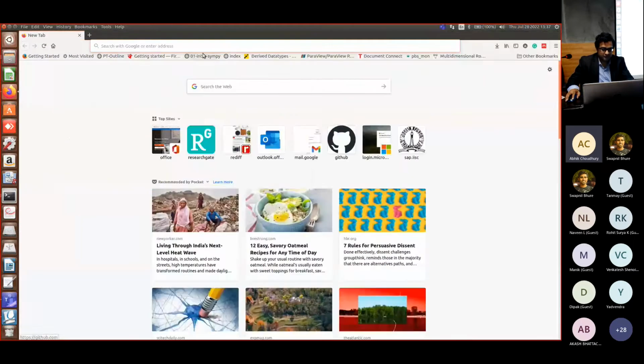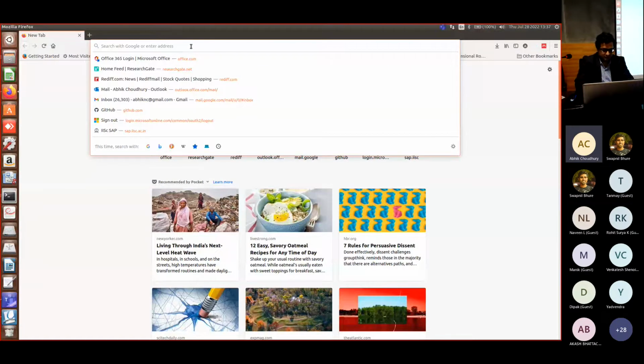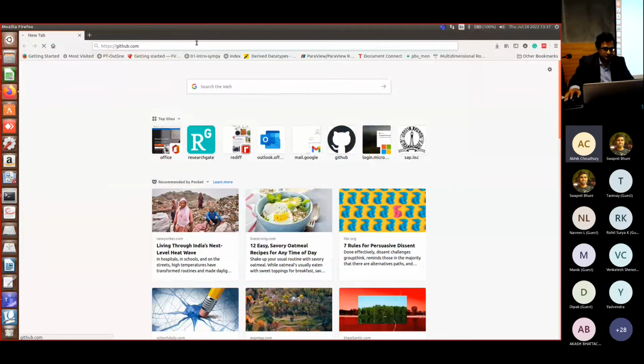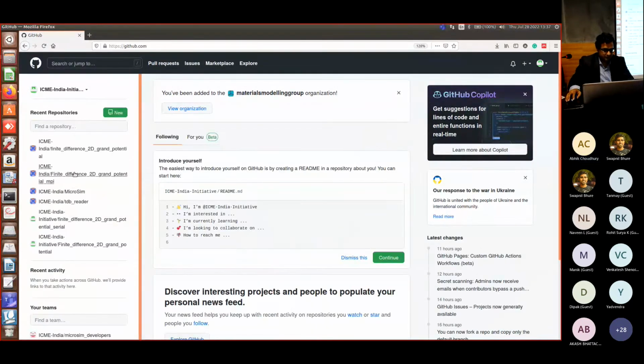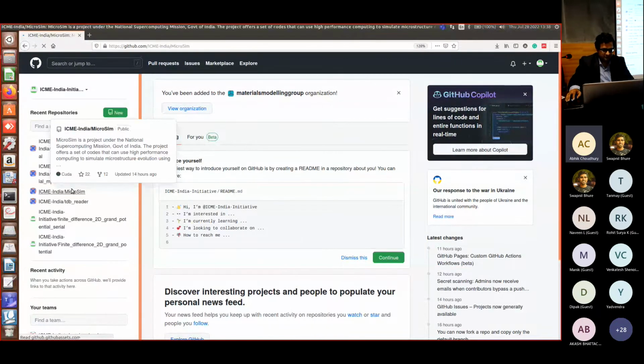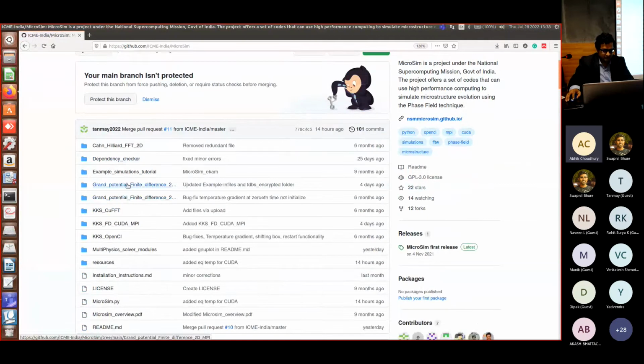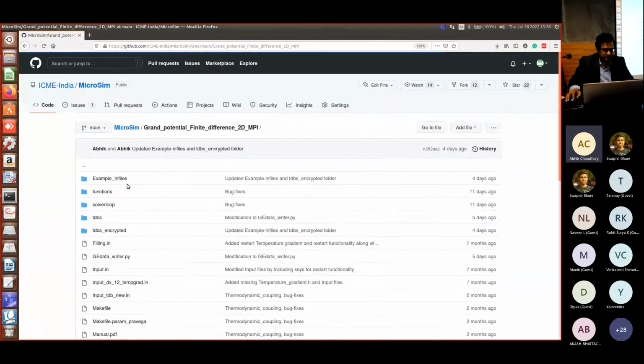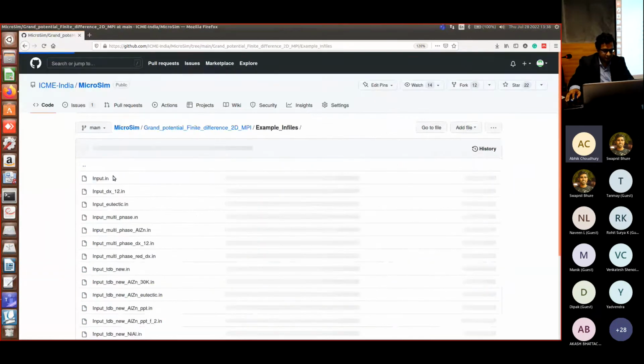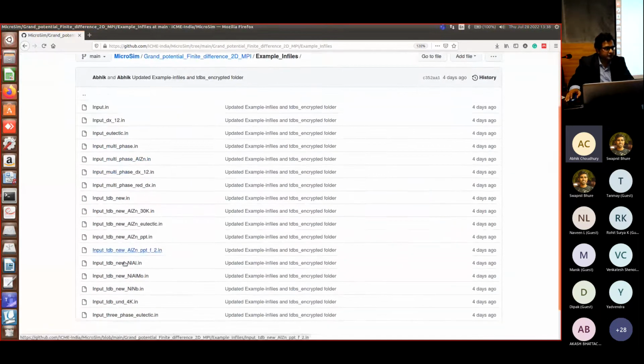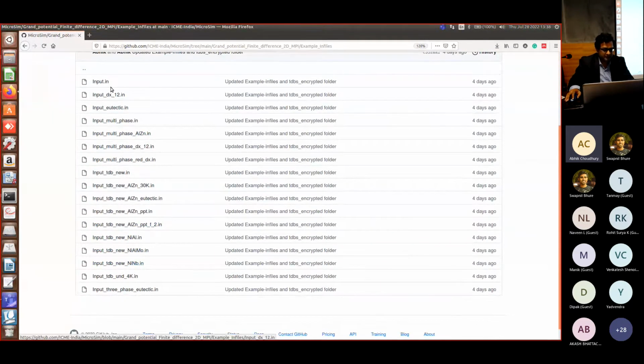So let's open this. If you navigate to this, it is the grand potential finite difference 2D MPI. You will find in files over here. You'll get a whole bunch of in files. You can choose the ones I chose for the thermodynamics.